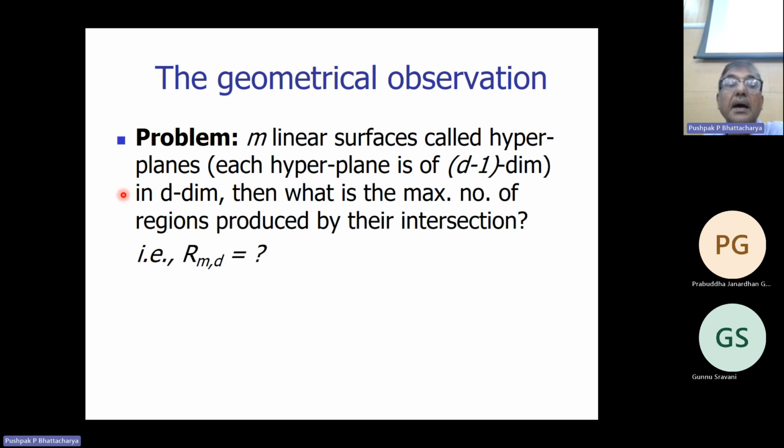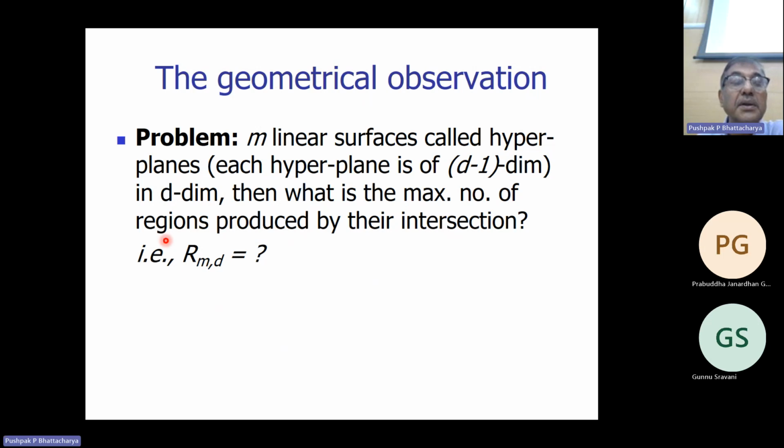So these hyperplanes are in d dimensions. Then what is the maximum number of regions produced by their intersection? This expression is important for us because we have this fundamental observation that the computing power corresponds to the number of regions produced by 2 to the power n hyperplanes in the d-dimensional space.